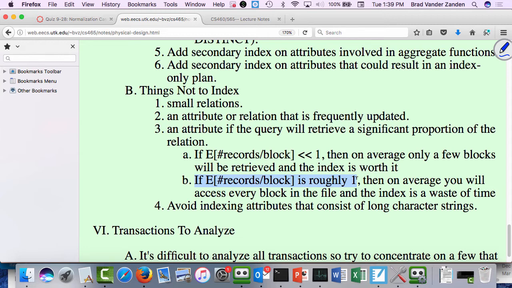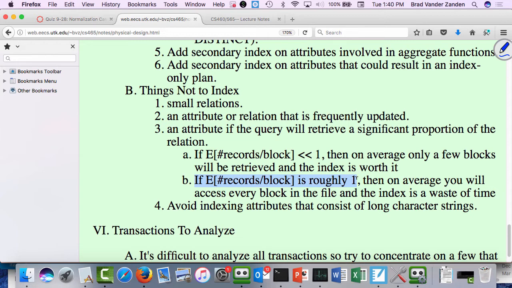Because if on average it returns 1 record per block, well, on average we're going to look at every block. So what was the point of the index? Because we're reading every block anyhow. Unless those records were physically clustered, in which case they're all going to be together.